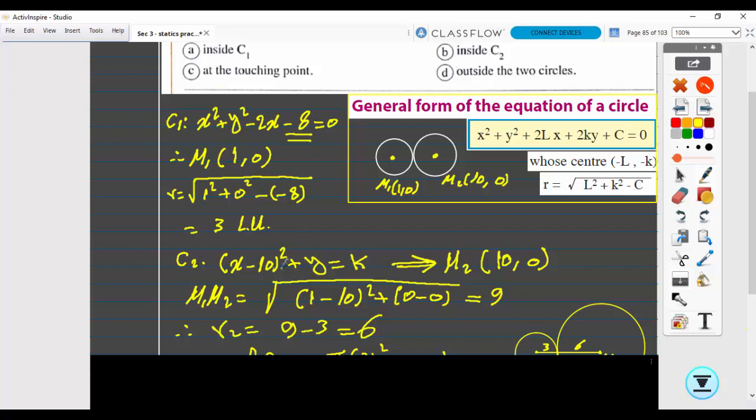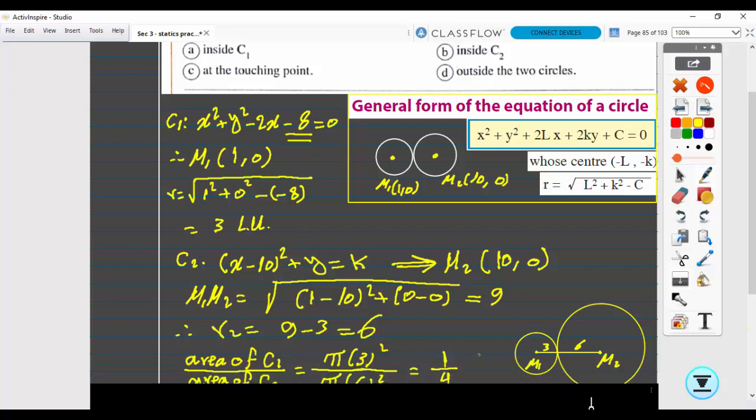To calculate its radius, we can calculate the length of M1M2. M1M2 equals the square root of (x2 minus x1) all squared plus (y2 minus y1) all squared. It is the rule for the distance between two points, remember it.